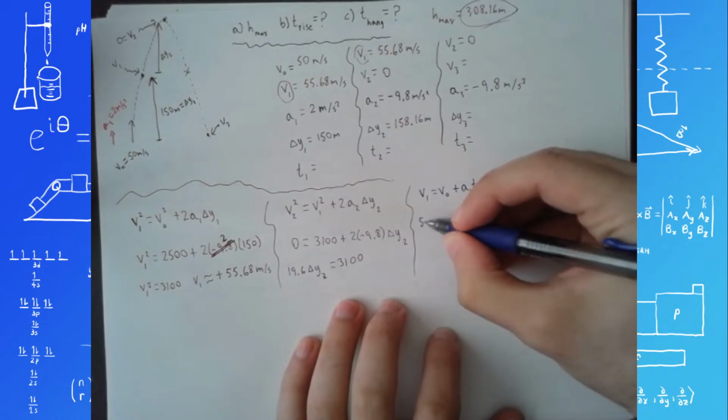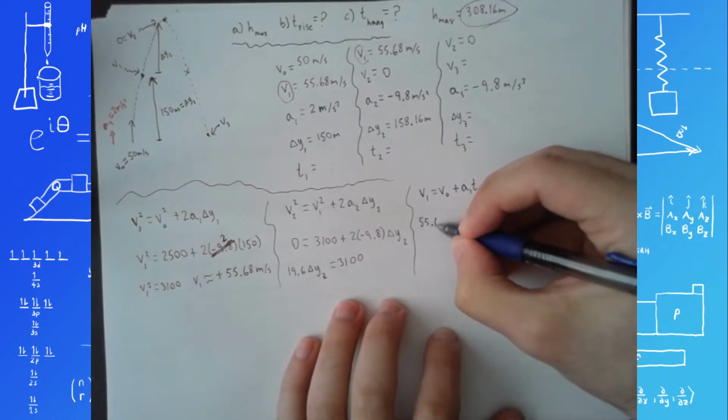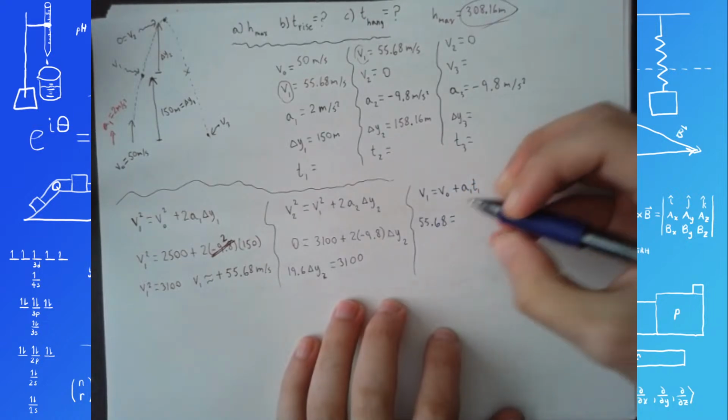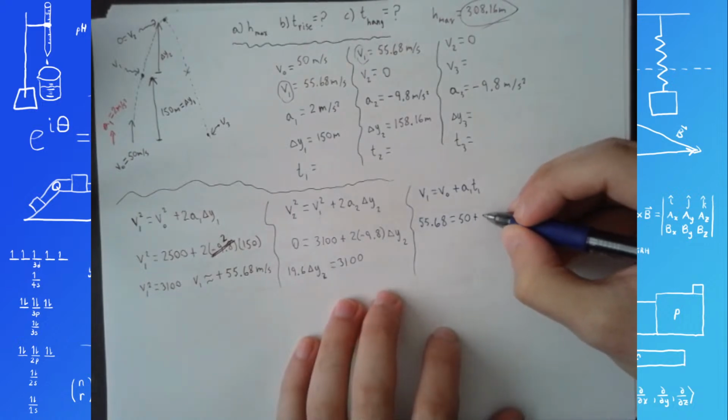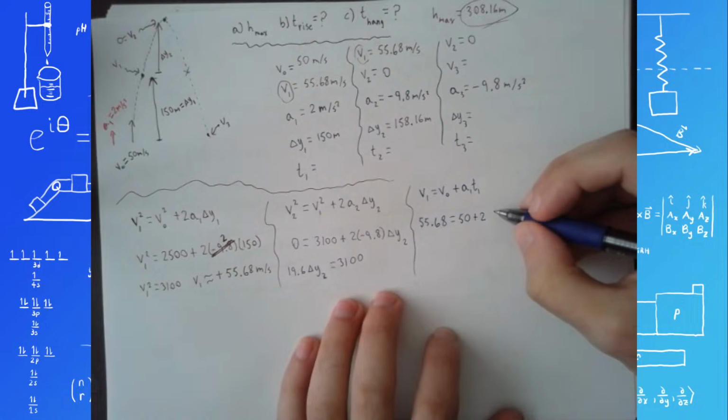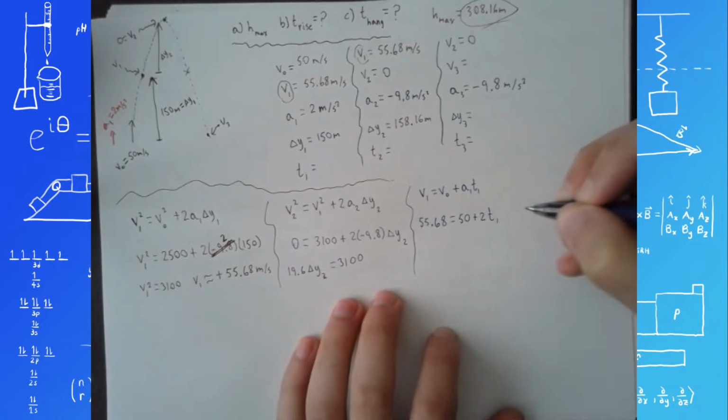v1 is 55.68 equals v0, which is 50, plus acceleration, which is 2, times t1.